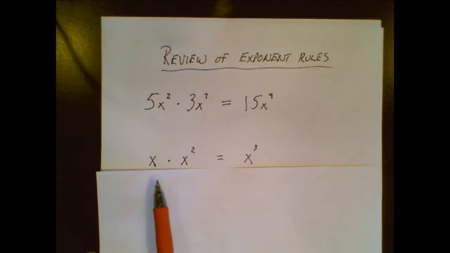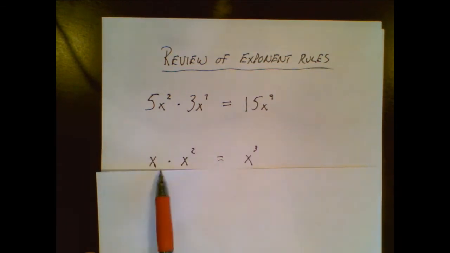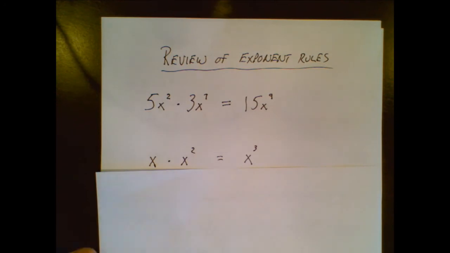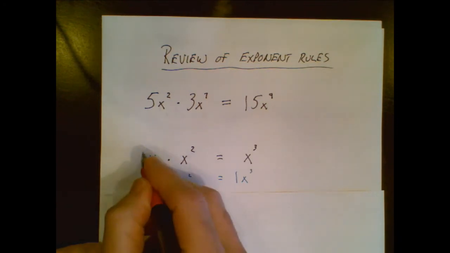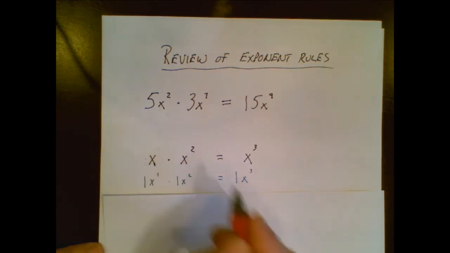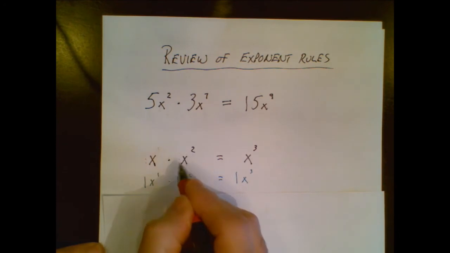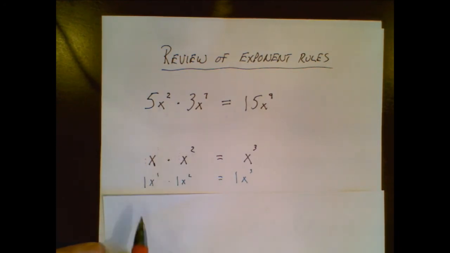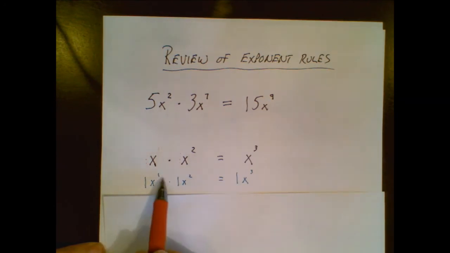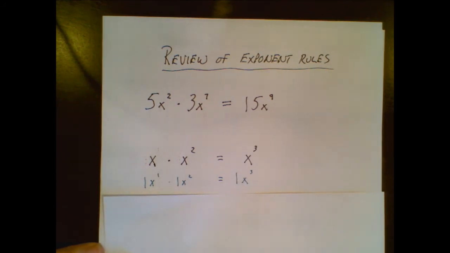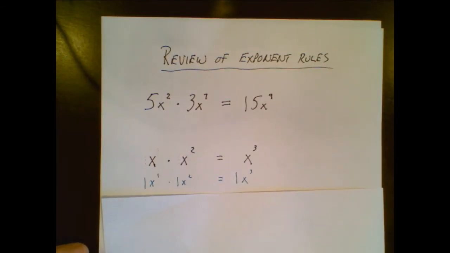So down here is the exact same concept as up there, except it looks deceivingly easy or different. Remember that this is really a 1x to the first power. There's a secret 1 and a secret 1, just like there's a secret 1 right there. So now it's the same thing. I multiply x coefficients and I add exponents. So that's the exponent rules related to multiplication that you're going to need.